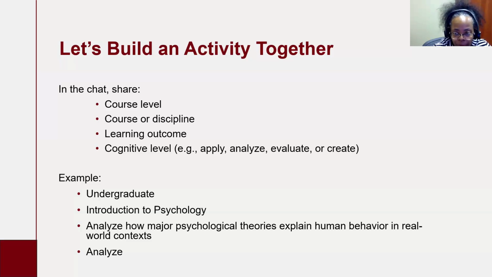So it doesn't have to be perfect. Just think about a course you either teach, you support, or have worked with before or recently. And then I'll select one of those examples from chat, and then we'll build that activity together and then run it through an AI tool. So I'll give you a little while for that activity.